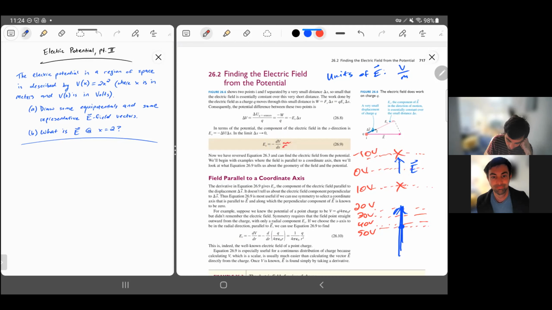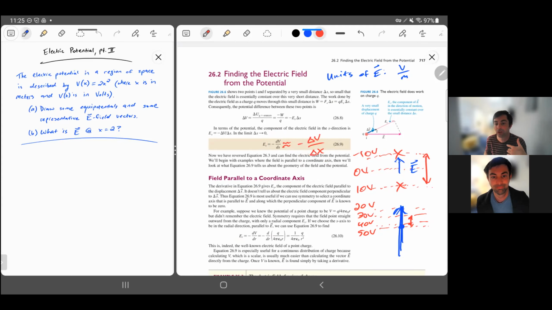This is about minus delta V over delta X. So the delta V from those 2 points would be 20 volts in magnitude, and then the distance would be whatever this distance is here. But right here, down at the bottom part of this diagram, it's the same 20 volts, but it'd be a much smaller distance. And so if you plug in a much smaller distance here, you get a much bigger electric field.